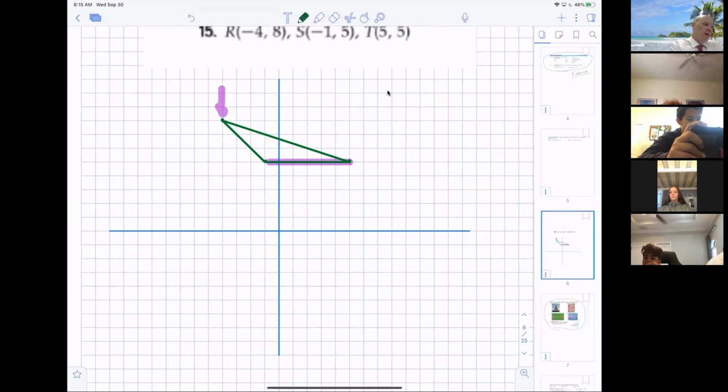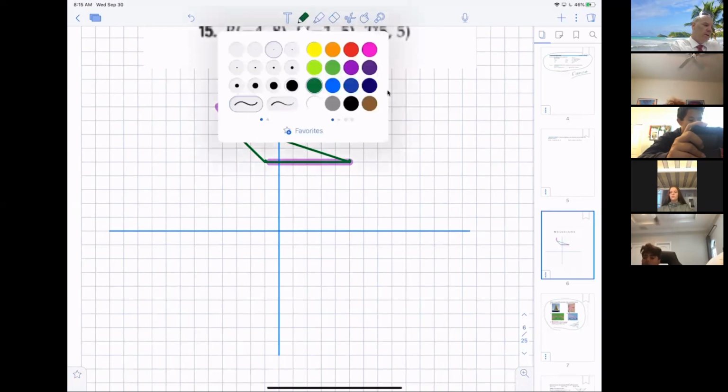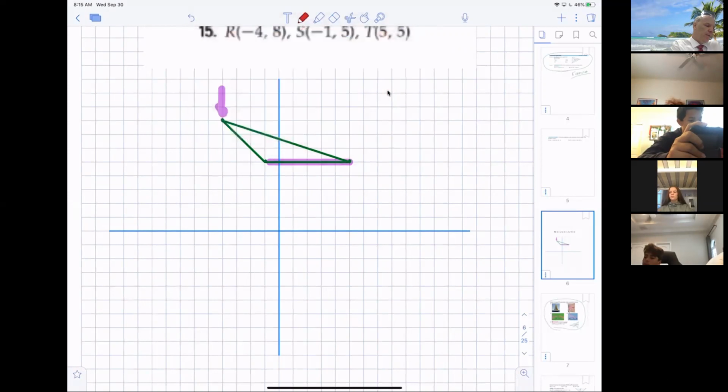So you have to recall that you can have an altitude that is outside the triangle. All right. So what happens now is you would extend this base over, and then this is the actual height of that triangle. Everybody see that?